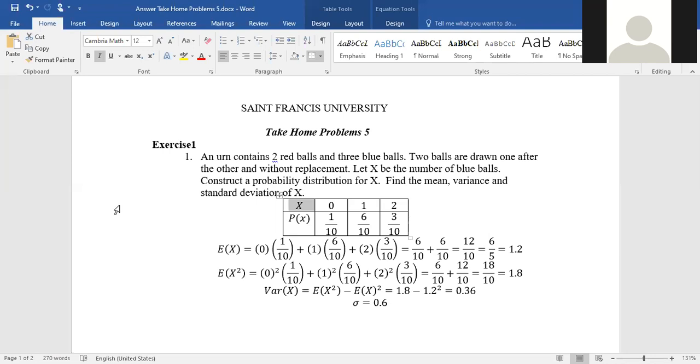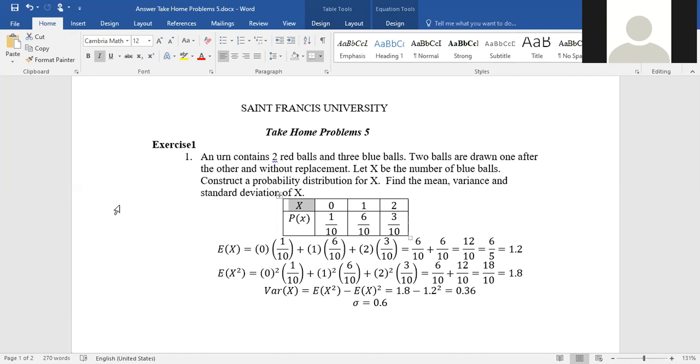So the outcome blue, blue has probability 3/5 times 2/4, which is 3/5 times 1/2, which is 3/10.